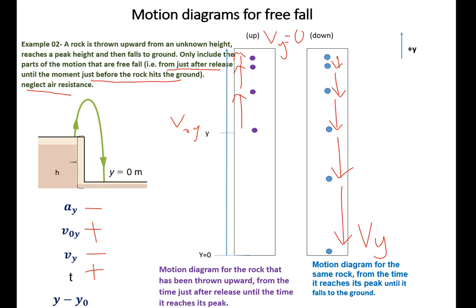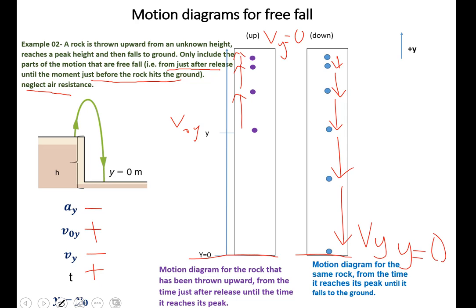So displacement is going to be, what do you think? Is it positive or negative? This is my reference level. So if you look at the initial y position, it is greater than 0. And final y position is just 0. Okay. So final y position is 0.